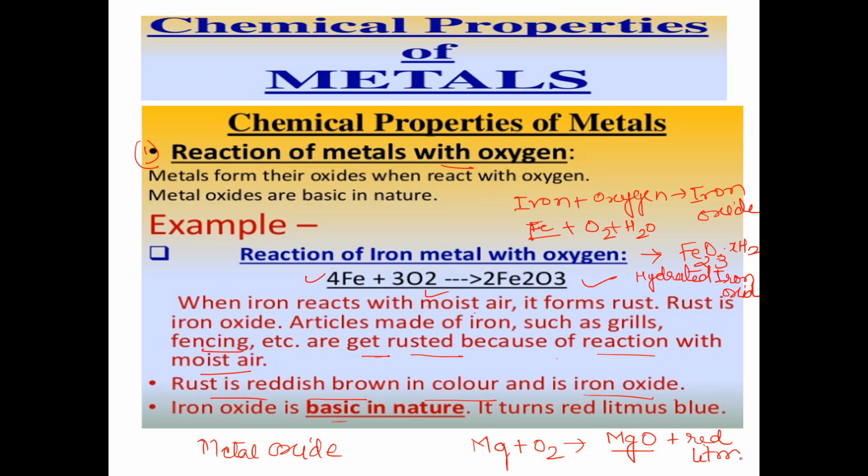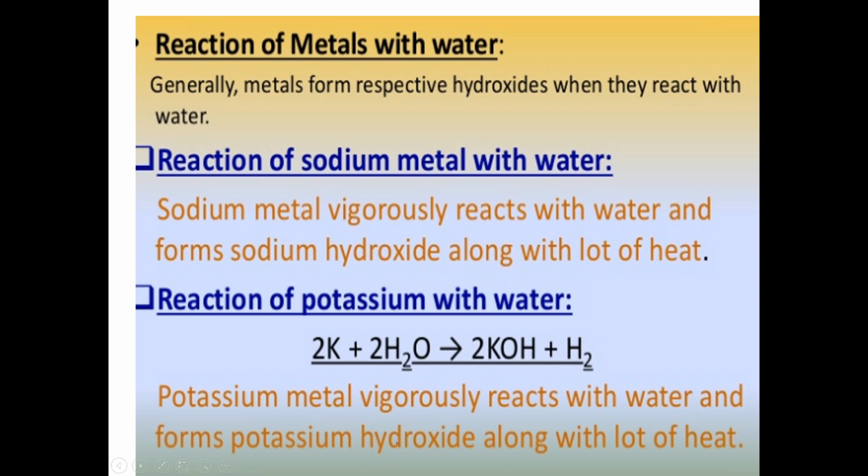It turns red litmus paper blue. It means magnesium oxide is, what is the nature of magnesium oxide? It is basic in nature. Similarly, if you test this iron oxide, it is also basic in nature. So in general, what we can say is that metallic oxides are basic in nature.